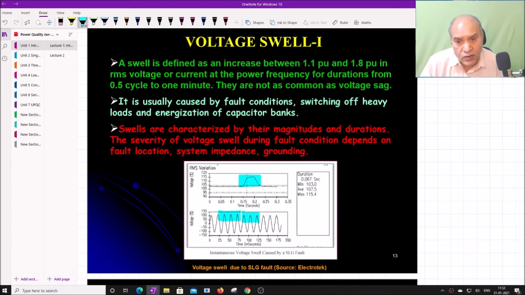This may also be caused by a single line to ground fault in the case of an ungrounded system. In an ungrounded system, when one phase is connected to the ground due to the ground fault, then the other phases become the line to line voltage, which is high voltage.